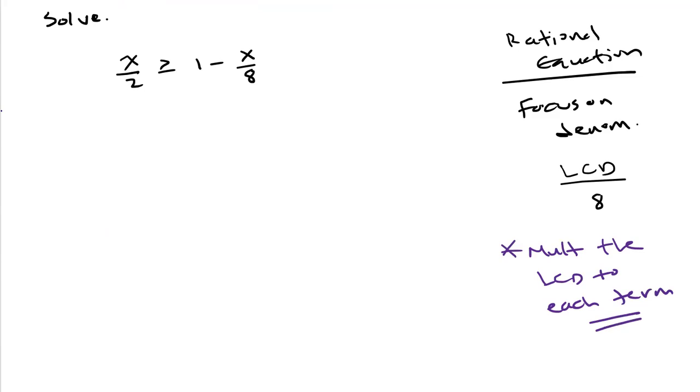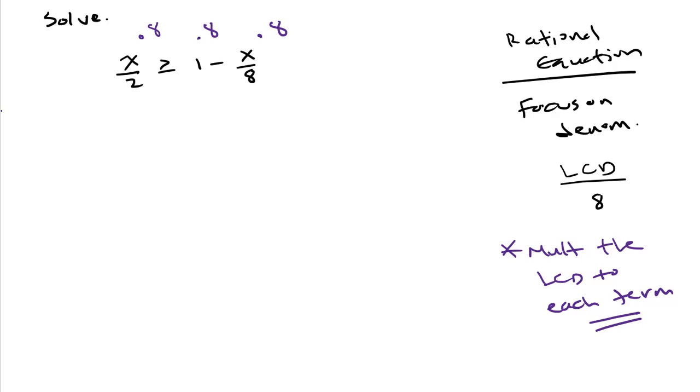I see a lot that students don't multiply everything by the LCD. They'll focus on the right side and forget the left, or focus on the left side and forget the right. So make sure that we have 3 terms, which means I need to multiply 3 times. I multiply this by 8, this by 8, and this by 8. Three times, because we have 3 terms.